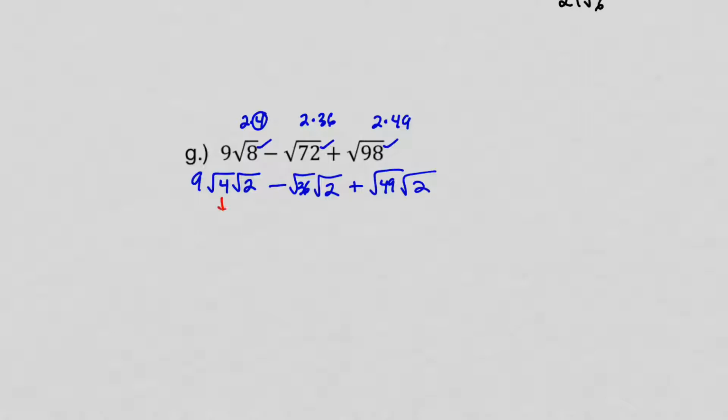And what we're going to do is take the square root of each of these perfect squares. So 9 times 2 minus 6 radical 2 plus 7 radical 2. And all we have to do is put this one together right there.